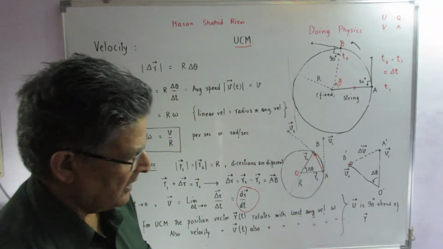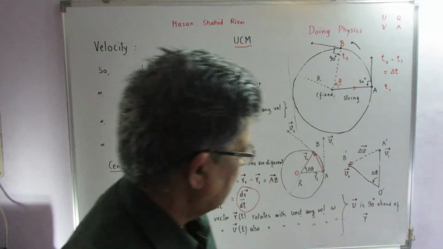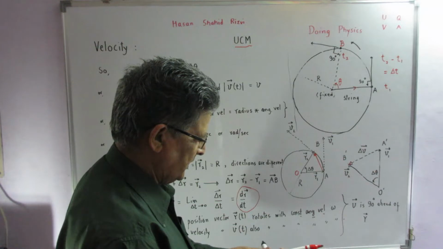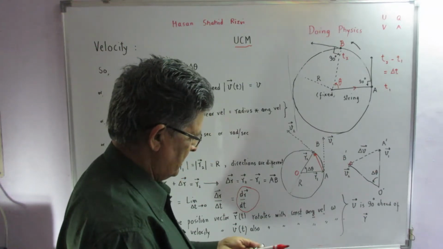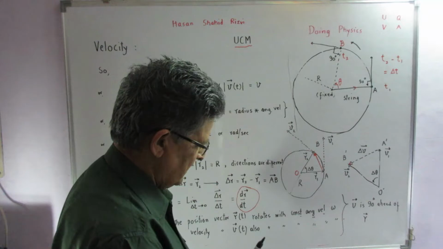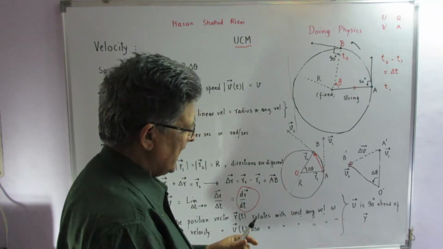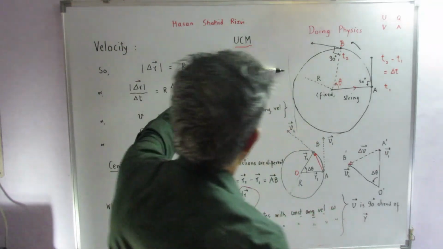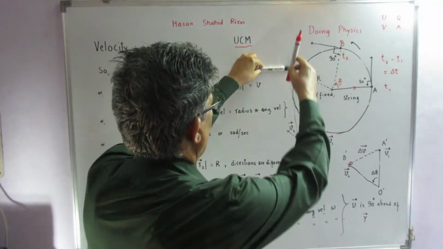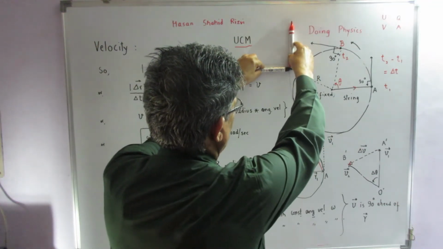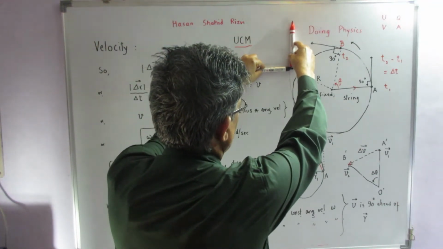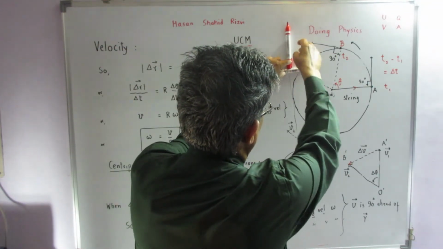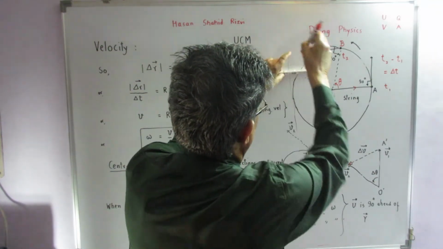However, as I told you, the velocity is 90 degrees ahead of the displacement. If this is my velocity vector, this is the displacement vector, and if I extend it here, you can see that there is an angle of 90 degrees.